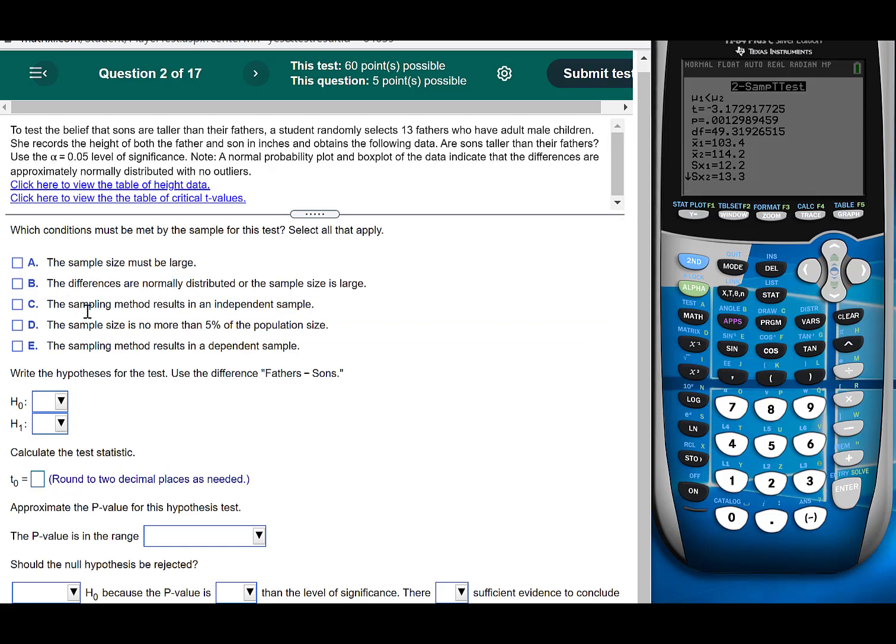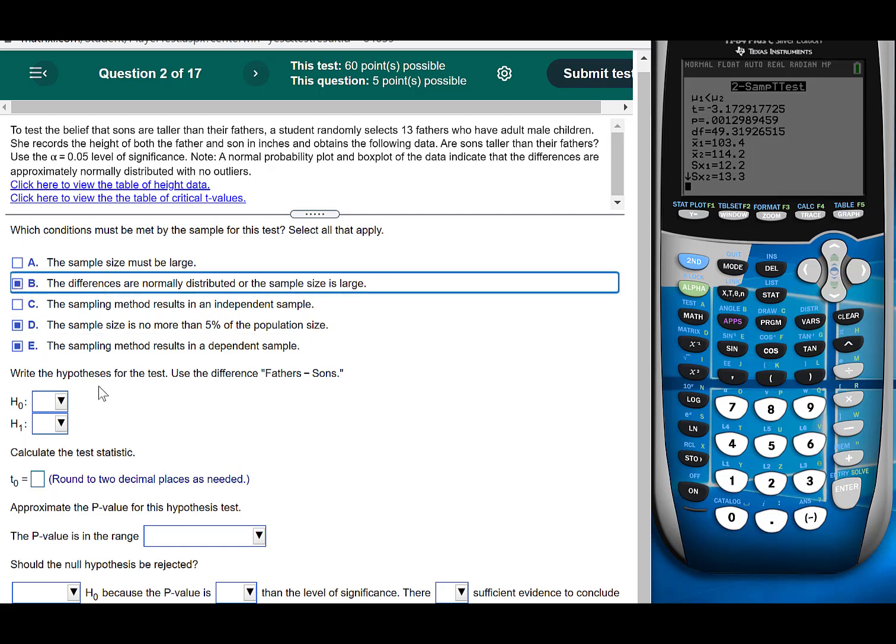The sampling method results in dependent samples, which are fathers and sons. And the difference must be normally distributed. And they said the differences are normally distributed. Where does that say that? Oh yeah, the differences are normally distributed.